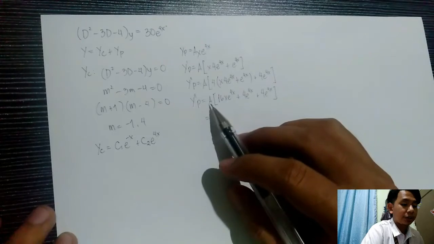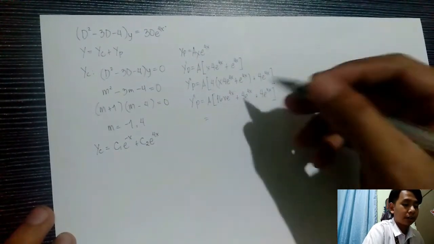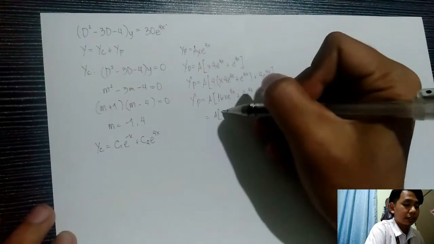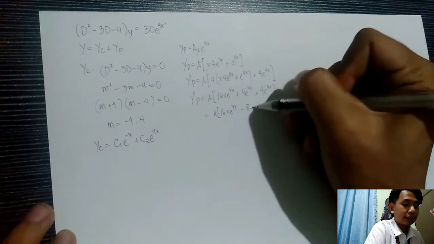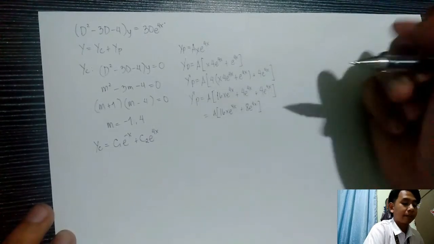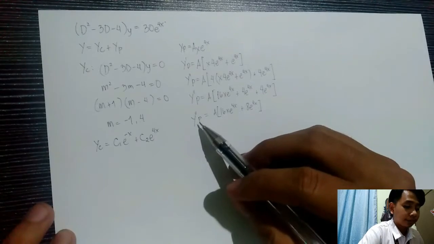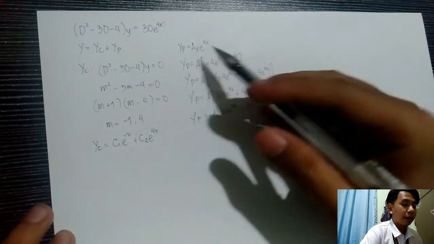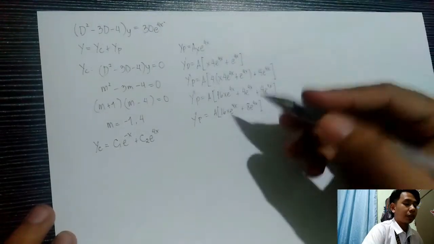Then distribute the a, or you can hold off on that. Combining like terms, 16x e raised to 4x plus 8 e raised to 4x. Since we have the values of y double prime and y prime, we can substitute them into the original equation.